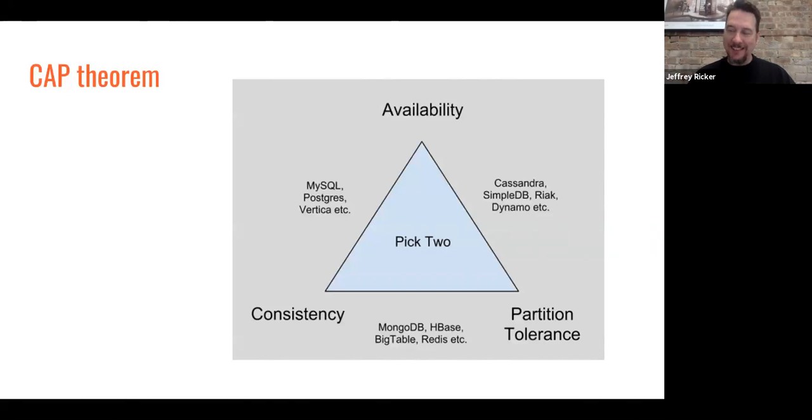You can either be consistent, which says that I will only prove A or not A, or I'll be complete, which means for any given A, I can prove A or not A. But if I'm complete, I will sometimes be inconsistent. But if I'm consistent, I will not be complete. So same idea here, right? And so when you're looking at all those NoSQL databases out there, or distributed data stores that are out there, you're faced with these trade-offs.